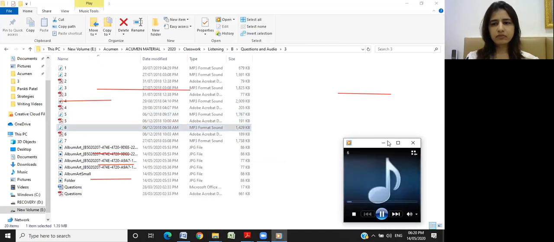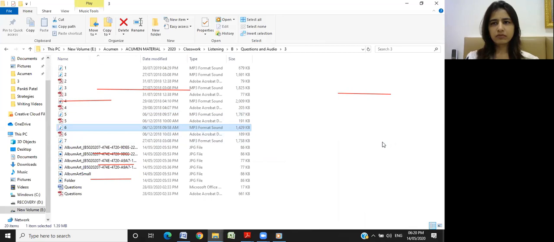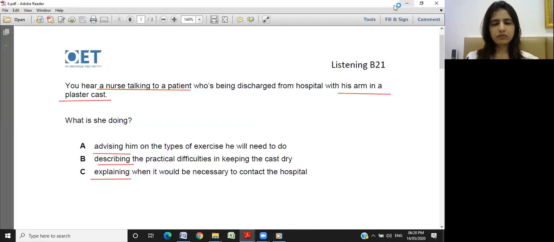So, Mr. Clark, you'll need to keep the cast dry, which means covering it with a plastic bag when taking a shower. I'm sure you'll manage. If the cast does get wet, I can use a hairdryer, can't I? Yes, put it on a cool setting, though. One other thing, it's easy to forget to exercise the shoulder and the elbow. Don't sit all day like a statue. Right.